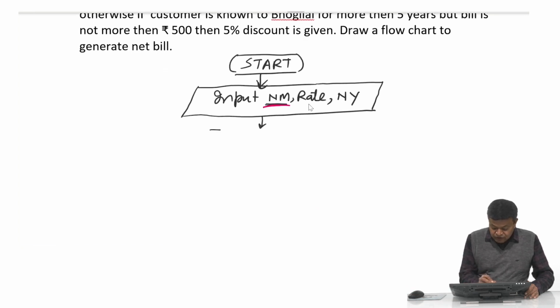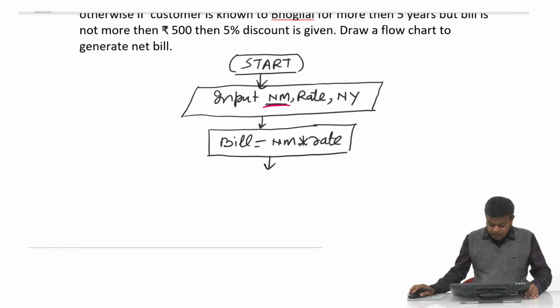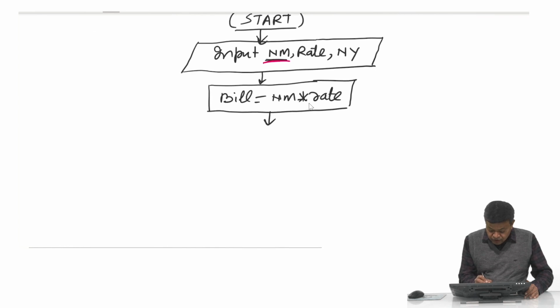Now, first of all I will be generating bill. Bill will be equal to number of mangoes into rate. Once I have generated this bill, then first of all I will be drawing this decision box, where this condition will be there: is number of years greater than 5?